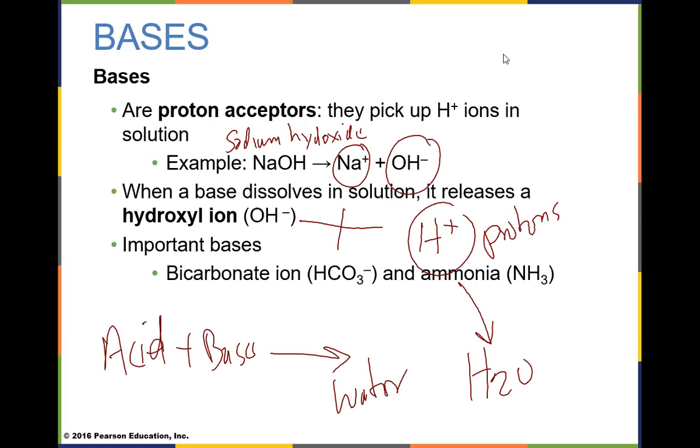The acid's giving off the proton, the base is giving off the hydroxyl, the OH group, and the base will accept those hydrogens, and the end result of a reaction between an acid and a base is going to be water.